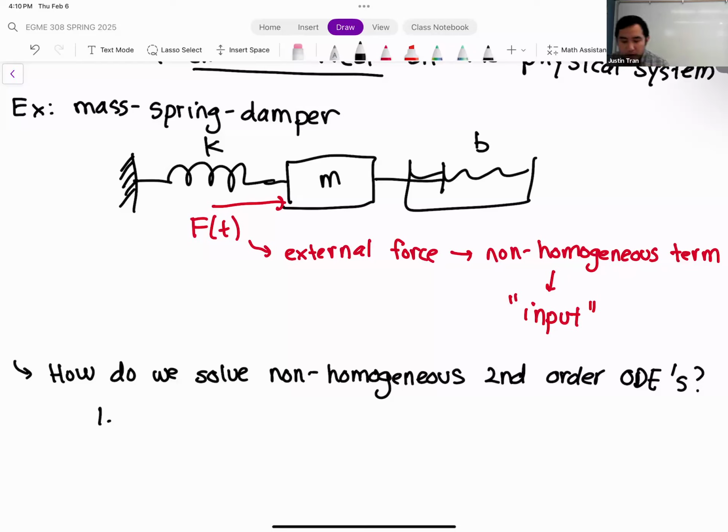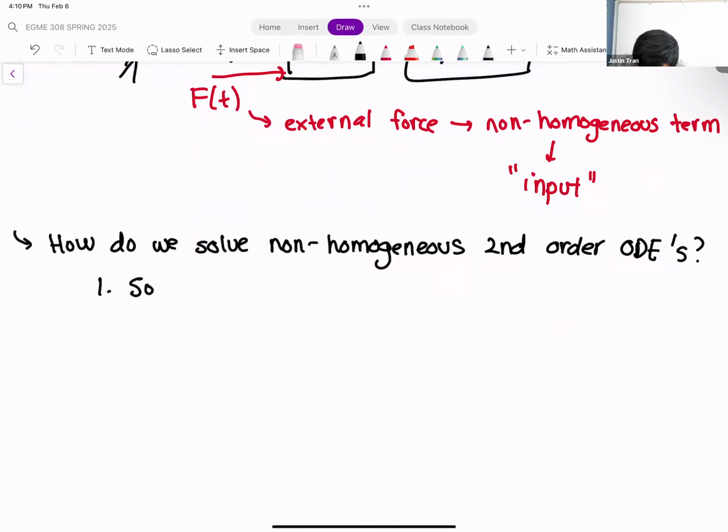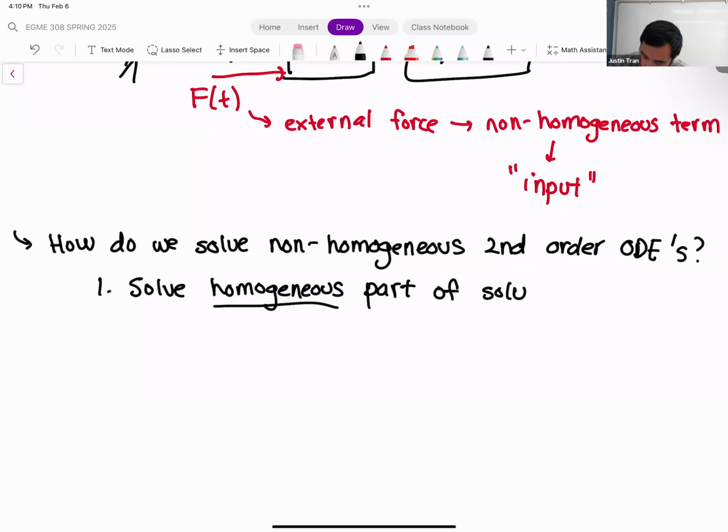Step one is to solve the problem exactly in the same way that we've done before. Step one is to solve what's called the homogeneous part of the solution. So that part is exactly as we've done before. You form the characteristic equation, find the roots of the characteristic equation, and then form your solution based on that. If you do this part right, there should be two arbitrary constants in your homogeneous solution.